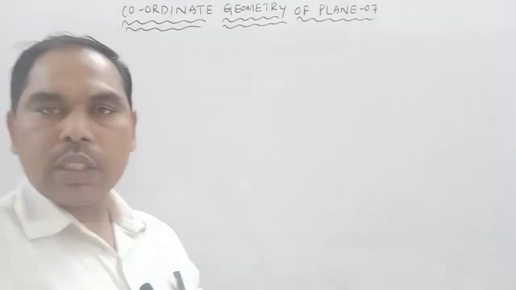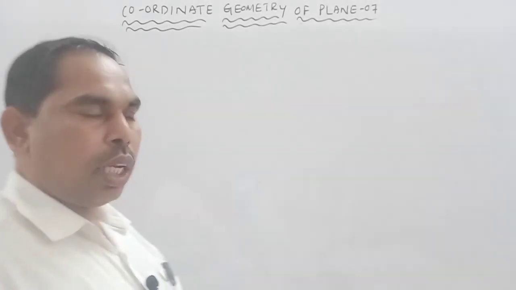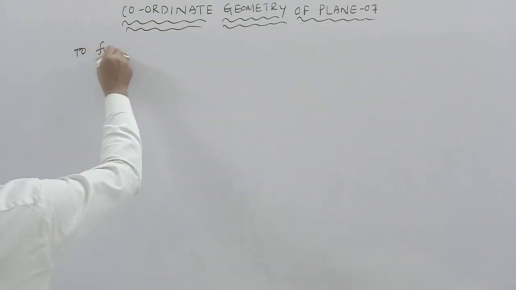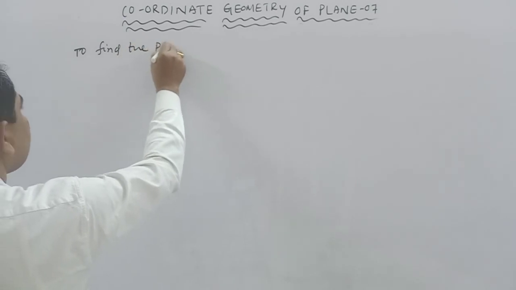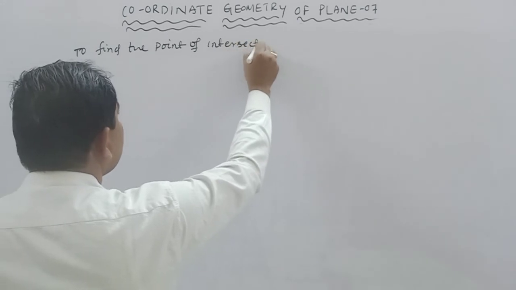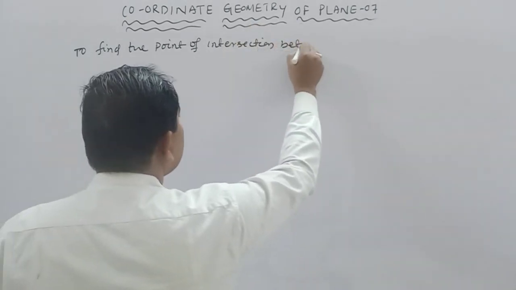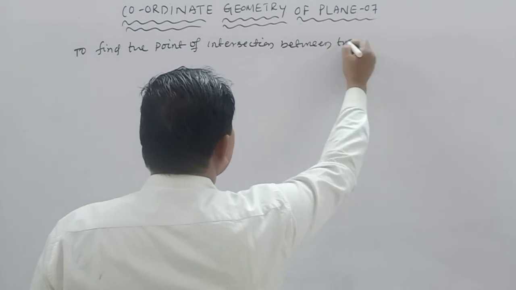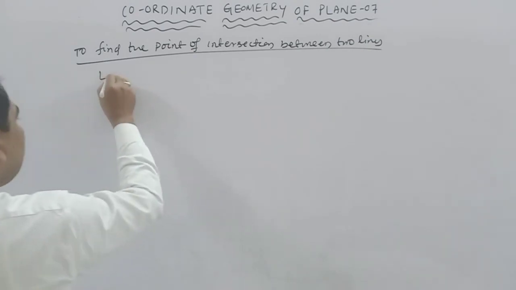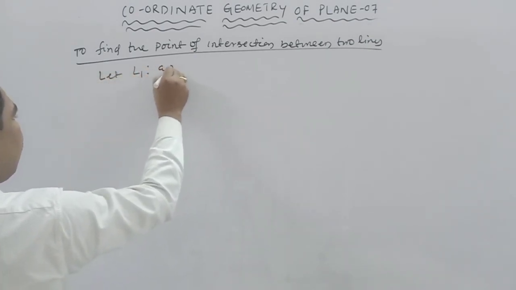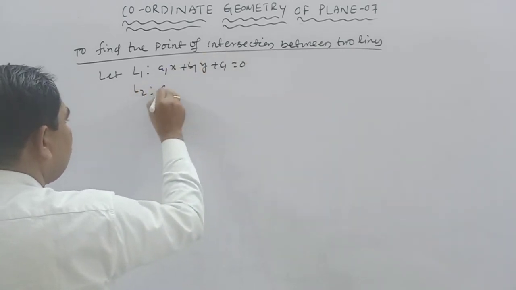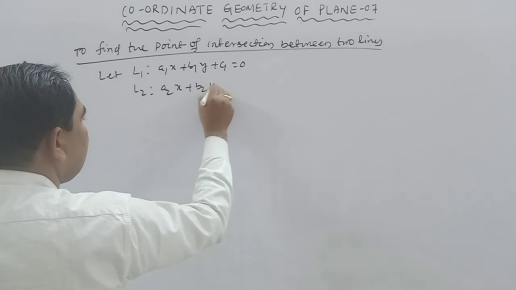Next, to find the point of intersection between two lines. Let L1: a1x plus b1y plus c1 equal to 0, and L2: a2x plus b2y plus c2 equal to 0.